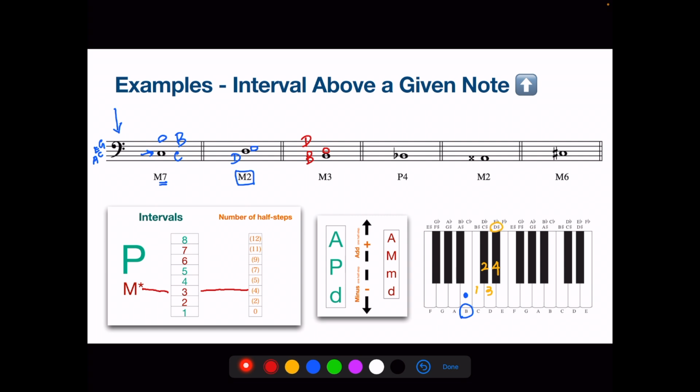So the final answer is going to be B and D sharp. And it sounds like a major third. Major third has to be my favorite interval just because it sounds really happy in a sense. Okay, so moving on.